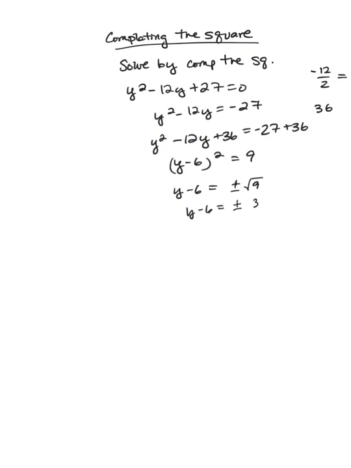Oh, well, whatever. So now I'm going to add my 6. So I'm going to get y equals 6 plus or minus 3. Follow that through. There's 2 answers. 6 plus 3, 6 minus 3. So that would be my solution set. 9, 3. When you write a solution set, it's not an ordered pair, kids. So you can write it in whatever order that you want.